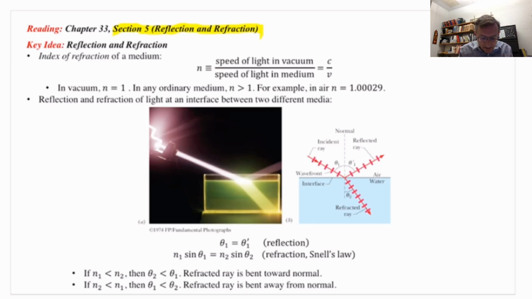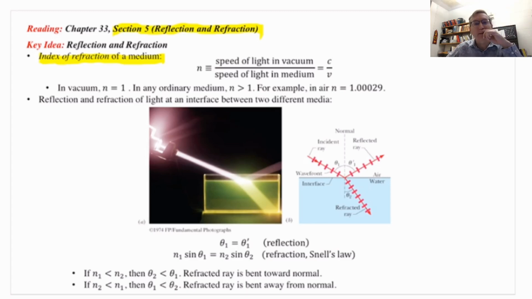Now, in order to study the refraction part specifically, we need to introduce one new idea. It's the concept of the index of refraction of a medium. A medium just is another word for a transparent material. So what is this thing called index of refraction? Well, we have to talk just a little bit more about these electromagnetic waves that we're calling light. We've studied them so far under the assumption that they were traveling in what's called vacuum, complete emptiness, the lack of any atoms of any kind whatsoever.